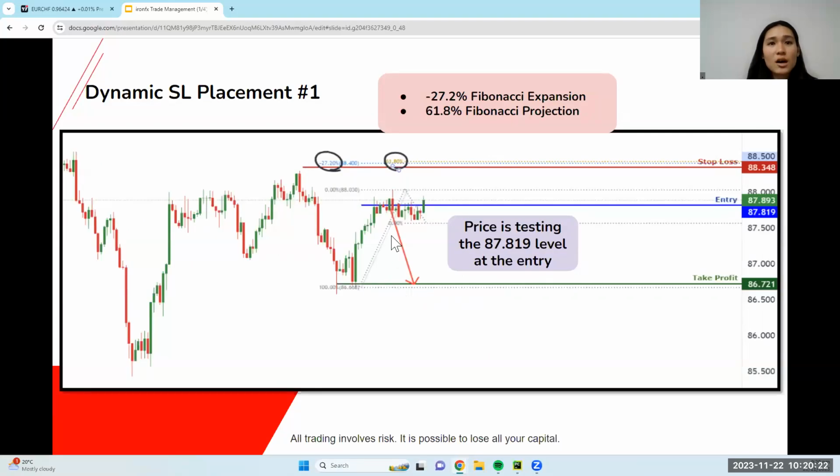We see price testing this entry level that's in line with the 100% Fibonacci projection. We also have a stop loss level at this swing high here, but we're placing it slightly beyond it, in line with the minus 27.2% Fibonacci expansion, as well as another 61.8% Fibonacci projection.